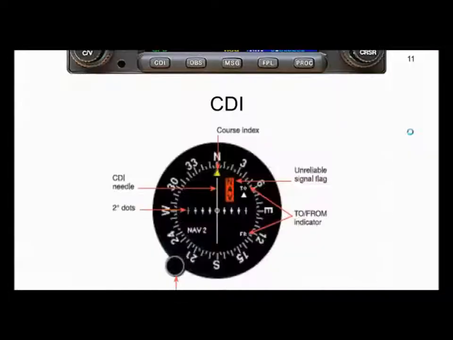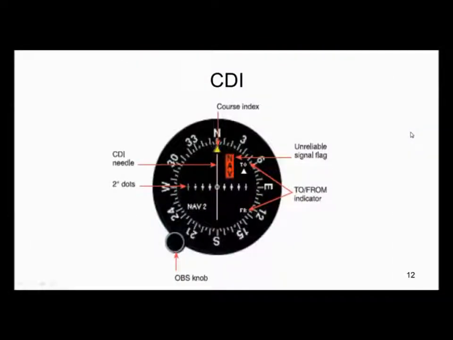So airborne equipment is a receiver, and of course, CDI stands for Course Deviation Indicator. We know lots and lots and lots about course deviation indicators. You notice the dots or the lines, each one is 2 degrees. Each one of those is 2 degrees.